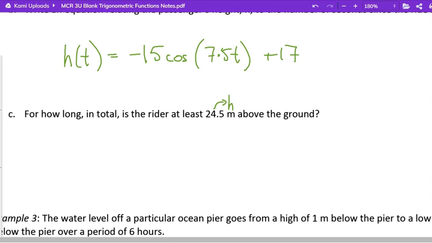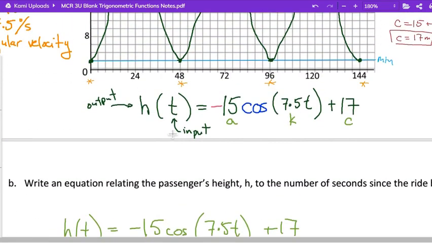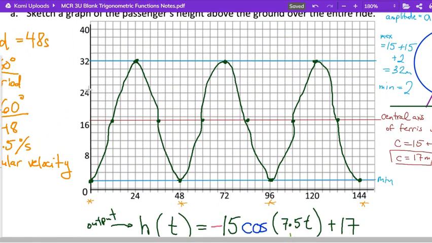We're not going to do this algebraically. All we're going to do is read from the graph. So it's important that you have a good graph, not like mine. So we go up to our graph and we're going to make a line at 24.5 meters.